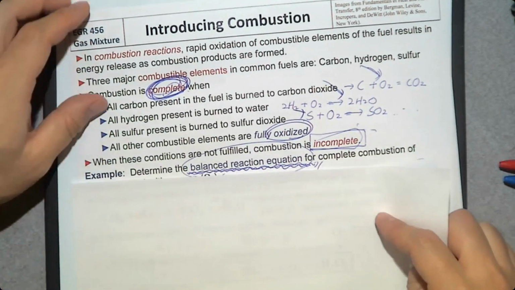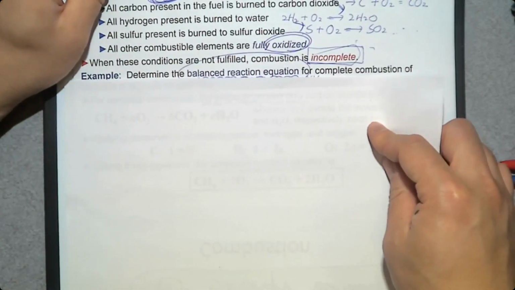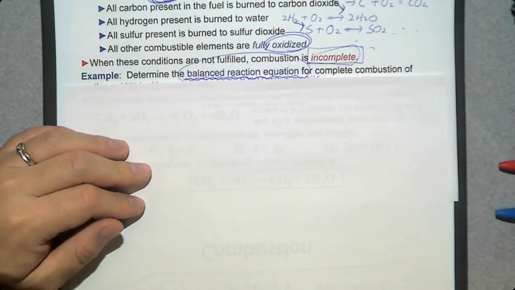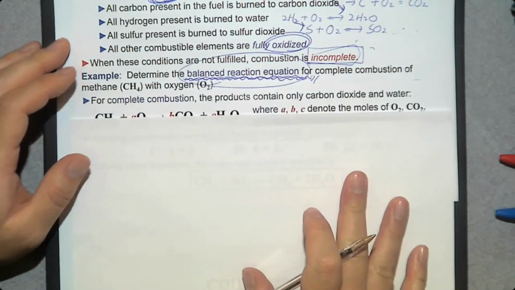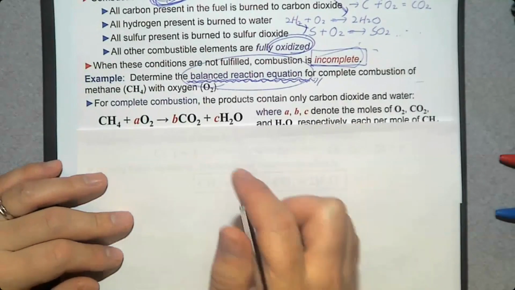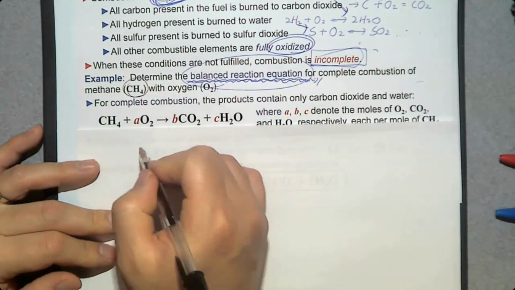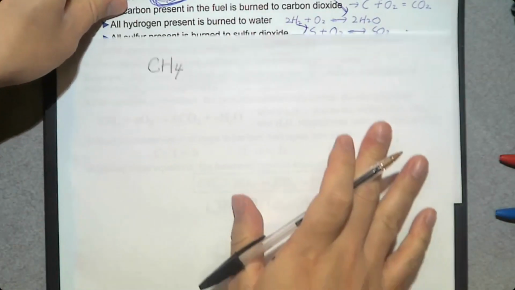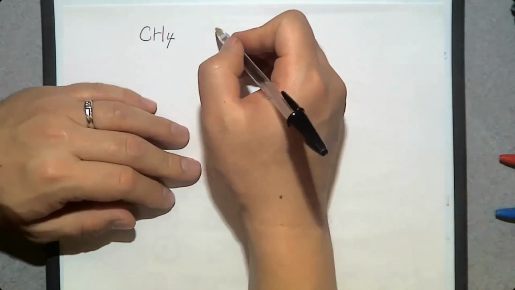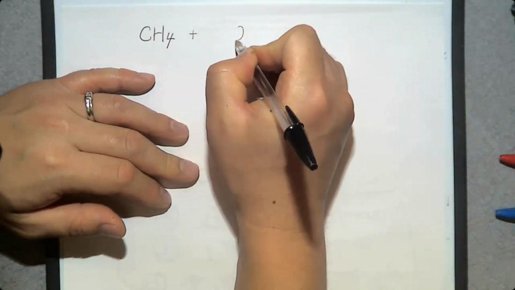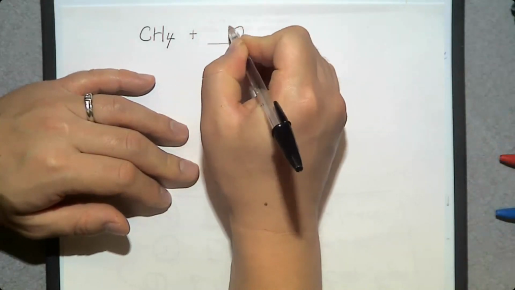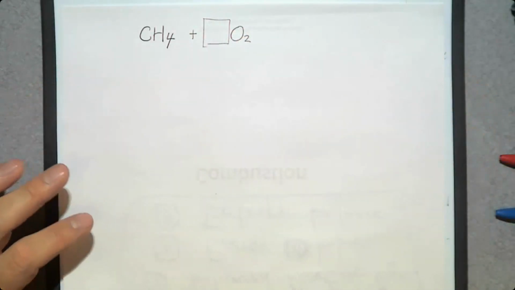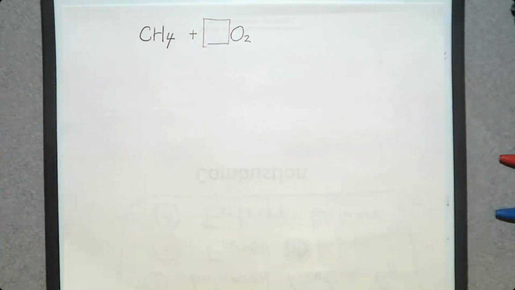So these are the 3 items that we are going to study in this chapter. So let's determine the balanced reaction equation for some simple substance, in this case, methane. CH4 is methane, and when this one has a reaction with oxygen, I do not know how many moles of oxygen are required to have a complete conversion.